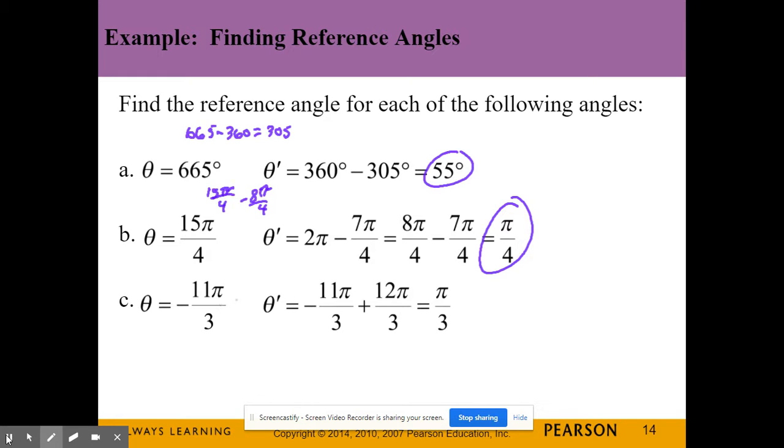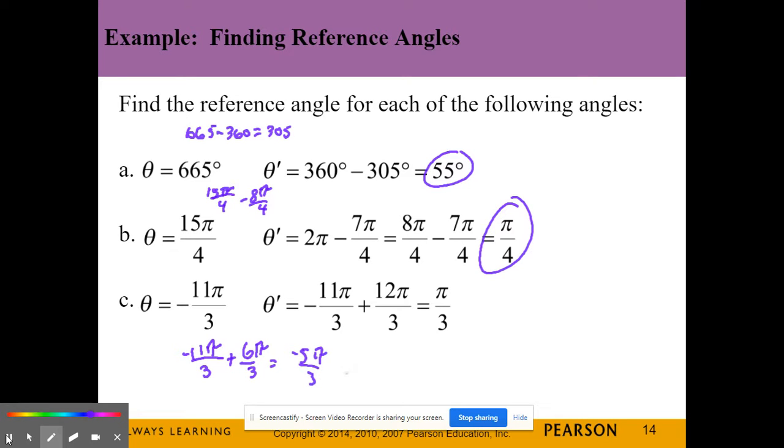It was negative 11 pi over 3. First thing you're going to do is add. Well, I guess you add 6 pi over 3, because you're going to add 2 pi to it. You end up with negative 5 pi over 3.